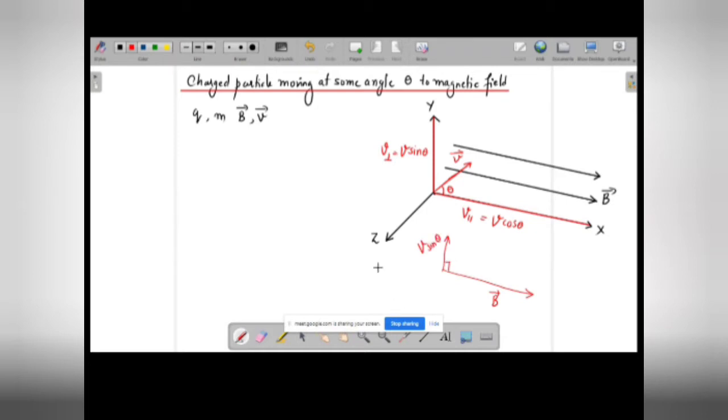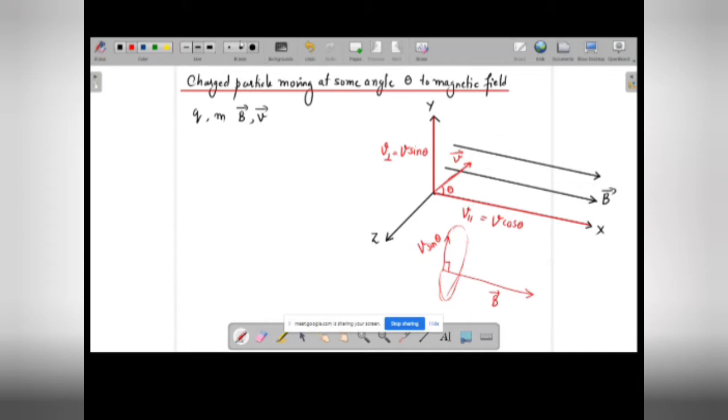We already know that whenever a charge enters the magnetic field at 90 degrees, it will follow a circular trajectory. That means it will keep on taking a circular path. It will go on rotating like this. Correct? So here also this perpendicular component of the velocity will be responsible for the circular path of the charged particle.